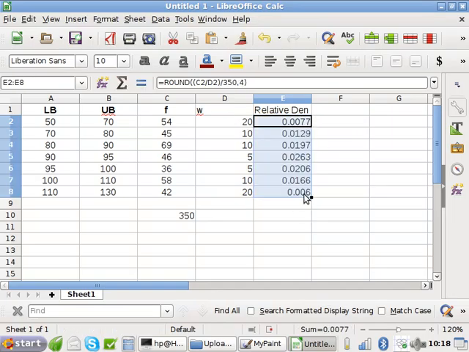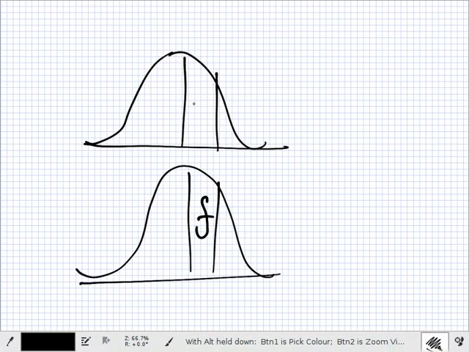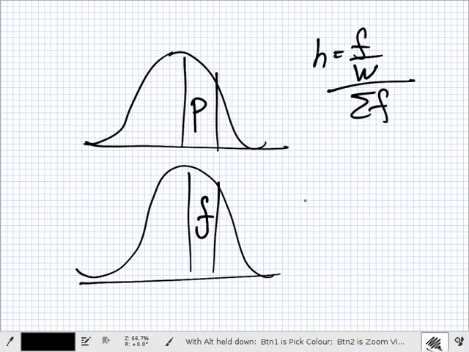No. Yeah, but what is that? The area represents the area. Hang on, KJ. The proportion. The proportion, thank you. It represents proportion. So in this graph, you calculate the height as the frequency divided by the width divided by the total frequency. And in this graph, the height is just the frequency divided by the width.